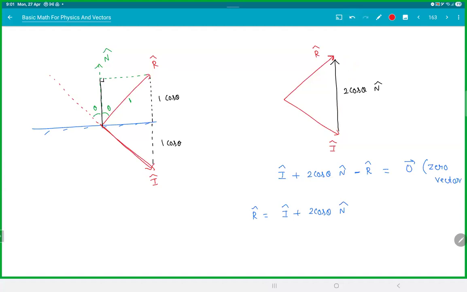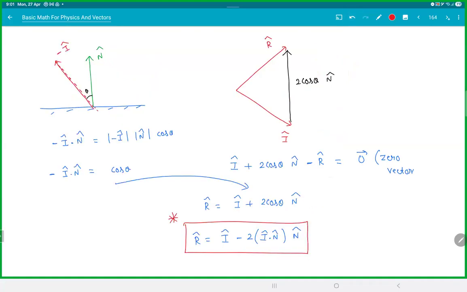And then I got r cap here. And then the problem I faced was cos theta, because theta is not given in the question. I need to get everything in terms of r cap, n cap and I cap. Then I said, okay, I will reverse I cap, and then I got cos theta from here. I took it and substituted it and I ended up with this. Note down that formula. I'll give you a question; you will see how to use this.